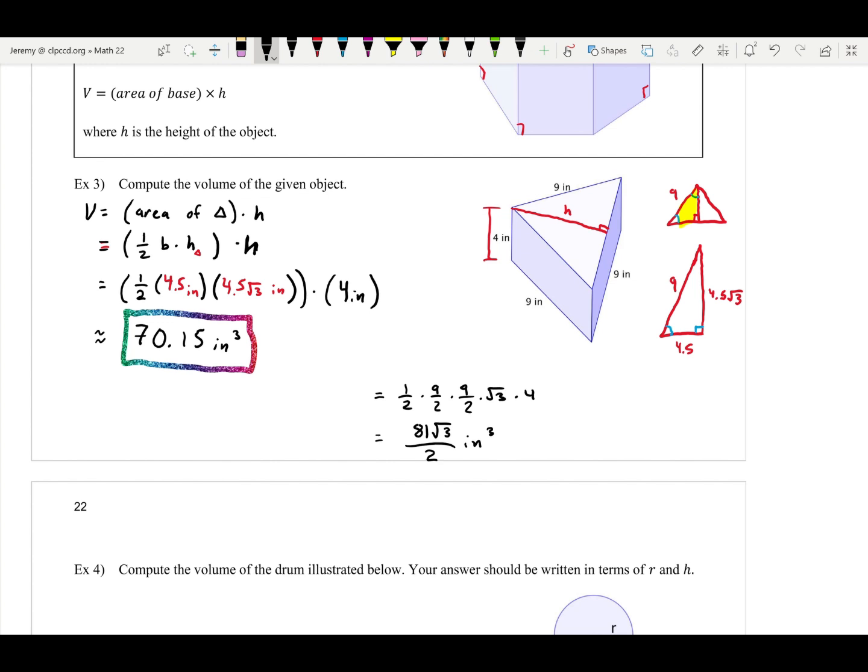Yep. So that's another way, if you wanted to get an exact answer, or if the problem was requiring that you do that, I would have expressed it this way.